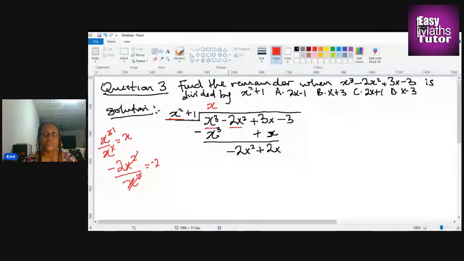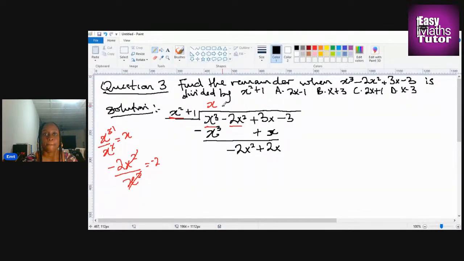So we write minus 2, right? So we'll multiply minus 2 by x squared plus 1, giving us what? Minus 2x squared, right?